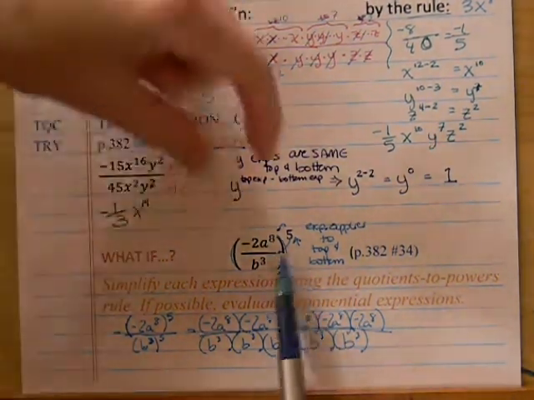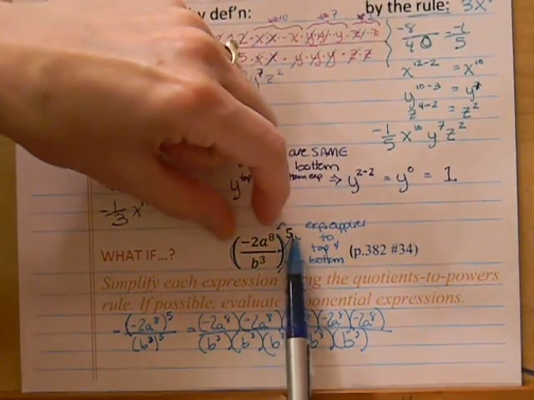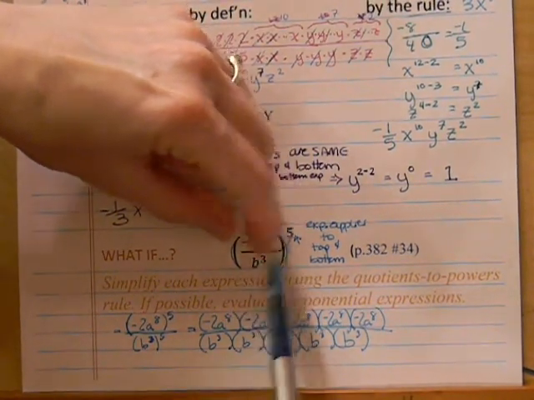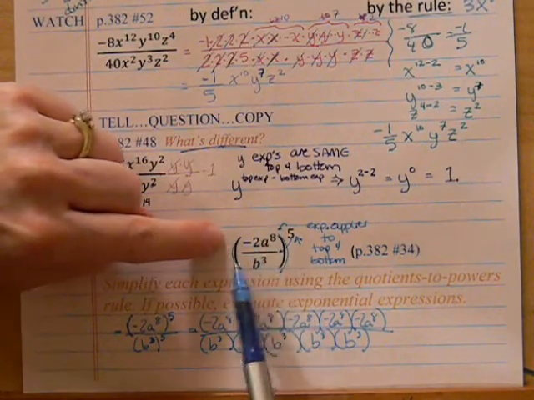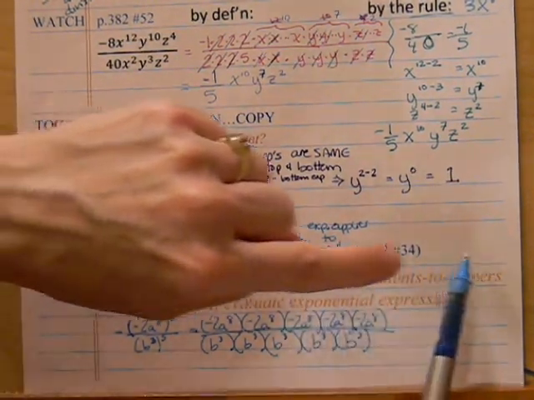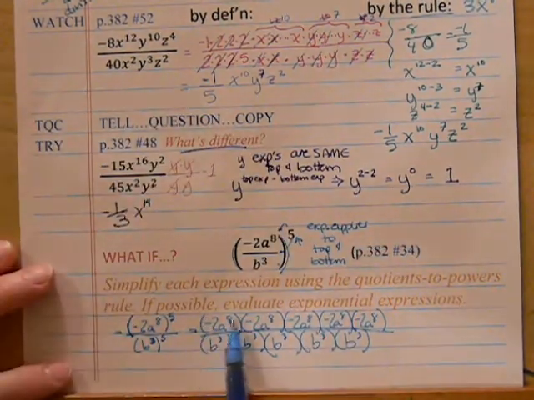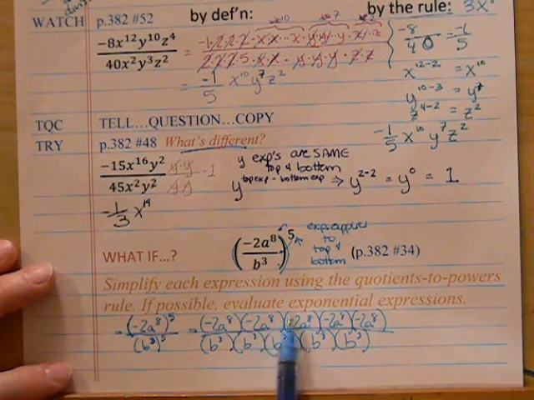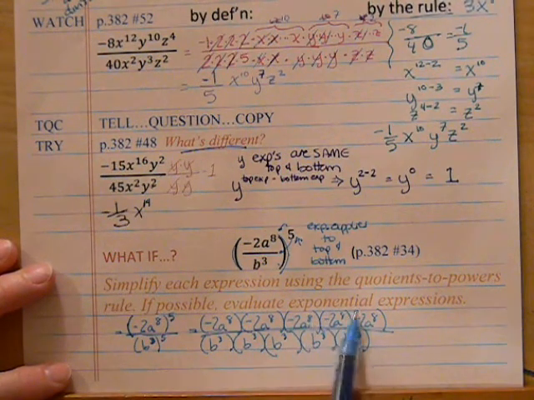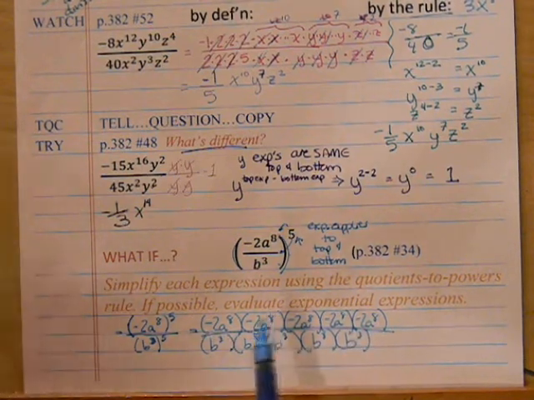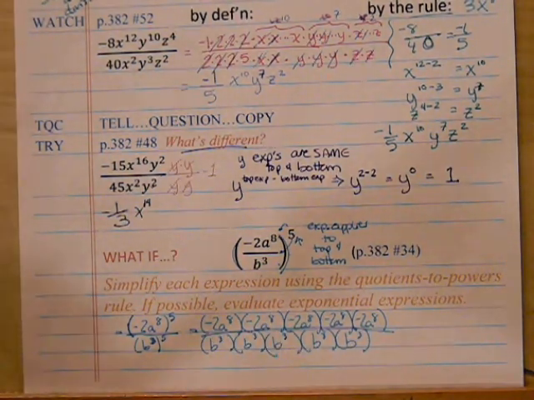Which would make sense because, by definition, if we don't remember the rule that the 5 applies to the top and to the bottom, you would just take this entire thing and multiply it by itself 5 times. Here you see the first one, second one, third one, fourth one, fifth one. It's all there. We just happen to separate the tops and the bottoms.